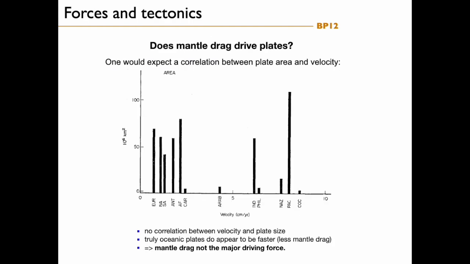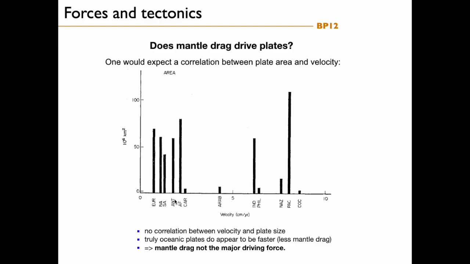So first, one may ask, do we see or can we guess an effect of mantle drag? For this, one would expect a correlation between plate area and velocity, because the drag force would be proportional to the plate area. So that's the correlation between area and plate velocities, from 0 to 10 centimeters per year.